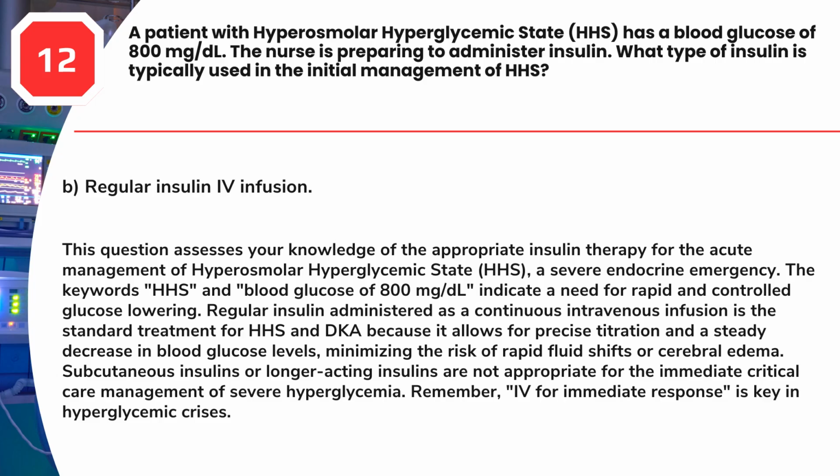Regular insulin administered as a continuous intravenous infusion is the standard treatment for HHS and DKA because it allows for precise titration and a steady decrease in blood glucose levels, minimizing the risk of rapid fluid shifts or cerebral edema. Subcutaneous insulins or longer-acting insulins are not appropriate for the immediate critical care management of severe hyperglycemia. Remember, an immediate response is key in hyperglycemic crises.